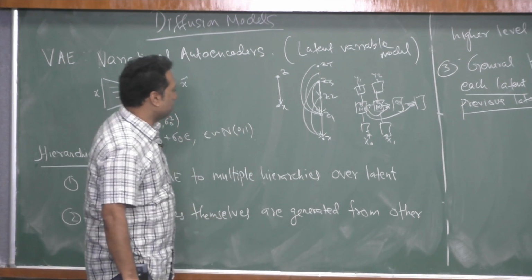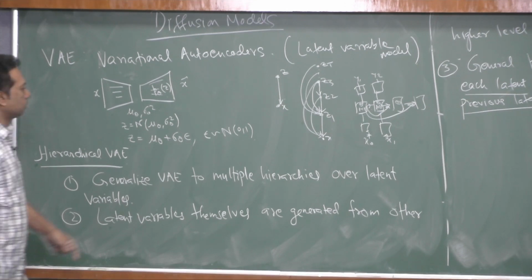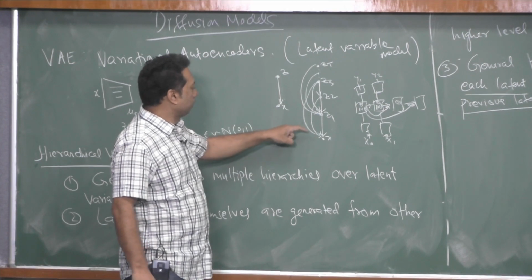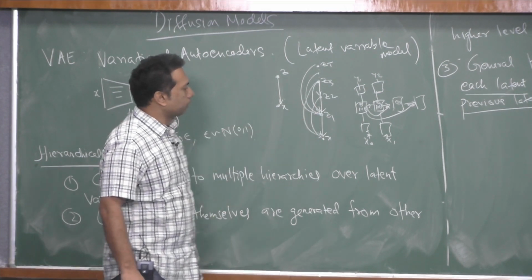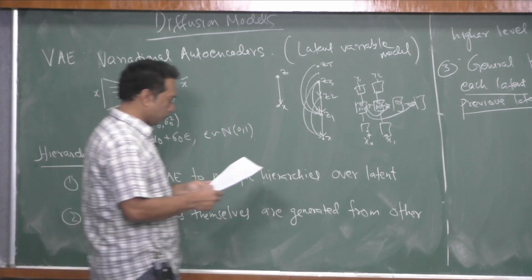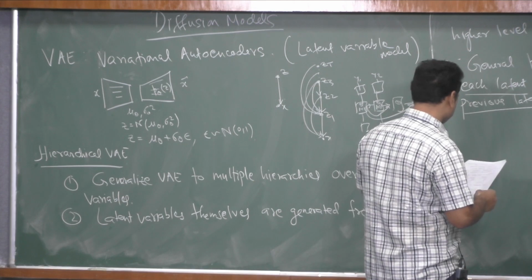So what we usually do is something called Markovian assumptions. So Markov assumption means that the current data is dependent only on the immediate previous data. Okay, so hence we will look into Markovian.